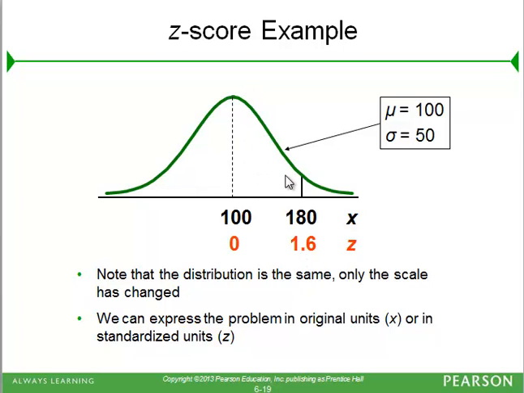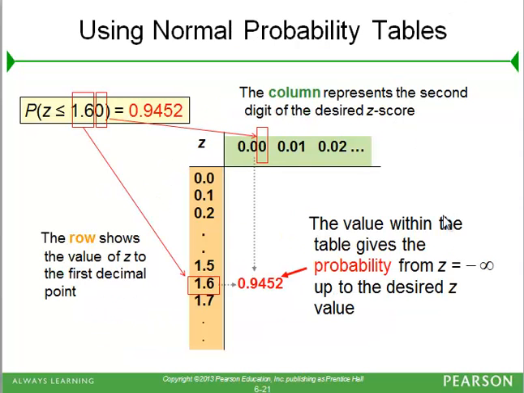The value of this area. Remember, we use the area to represent the probability, so we're going to find out the probability that the value falls into the range. What's the range? The range between 100 and 180. So how do we use that table?